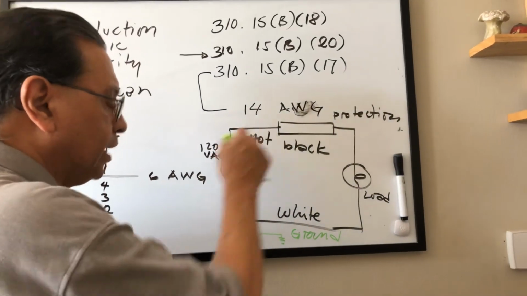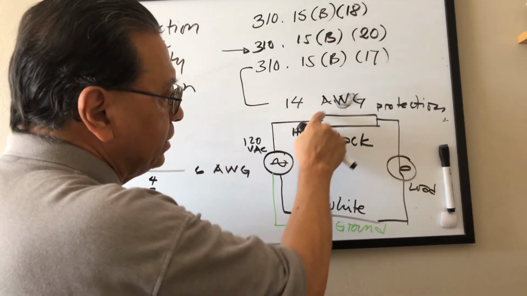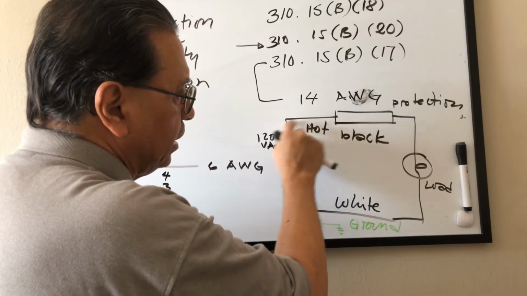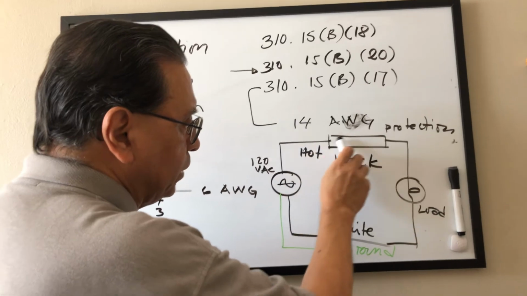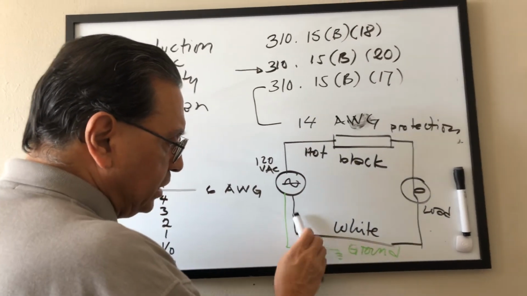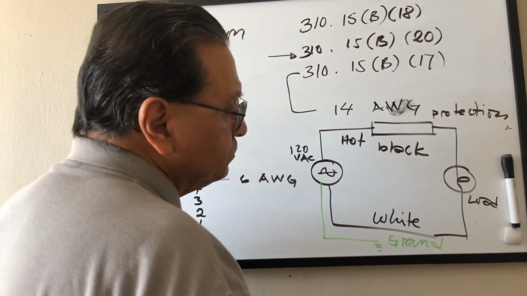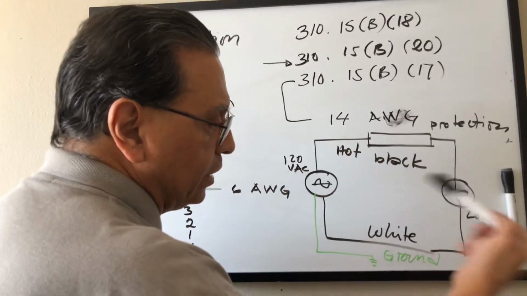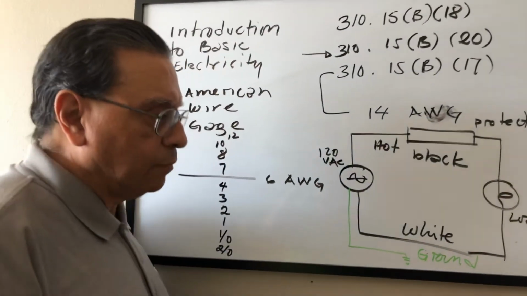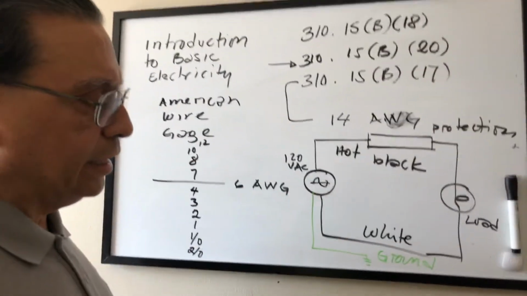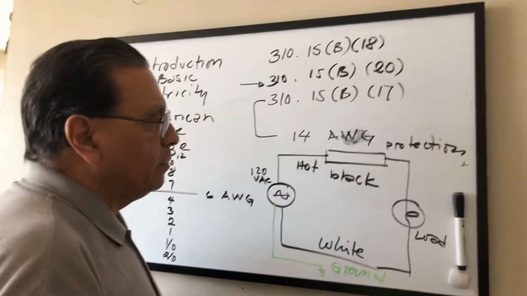I am using this table to determine the American wire gauge for this electrical conductor and this one. Why? Because the same electrical current that is leaving the source is the same electrical current going back. So we need to use the same size.